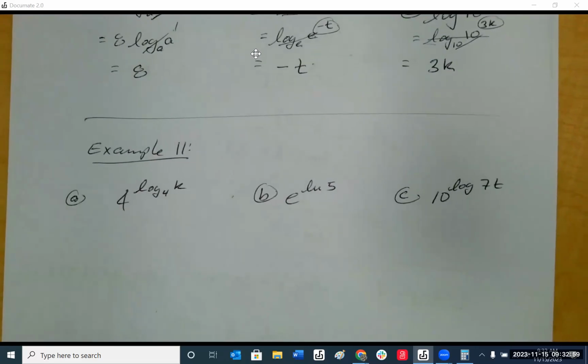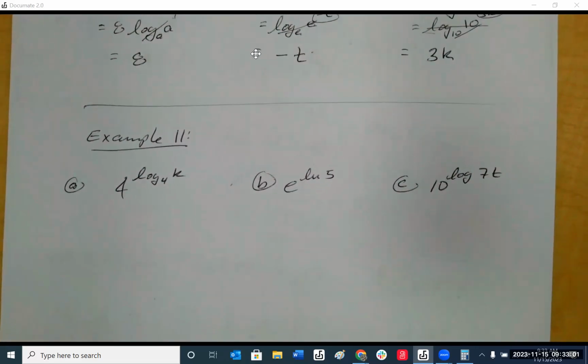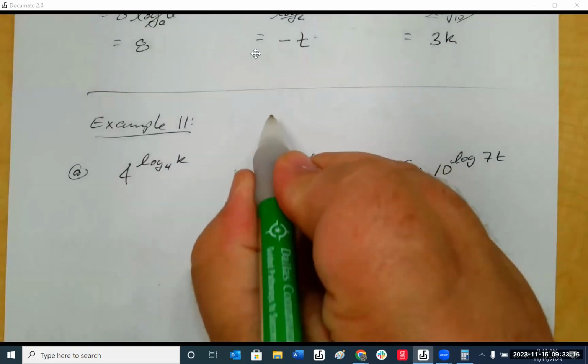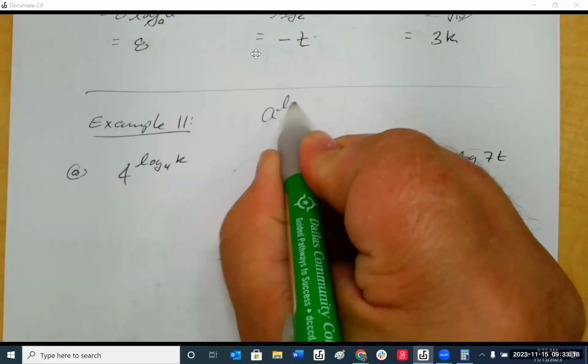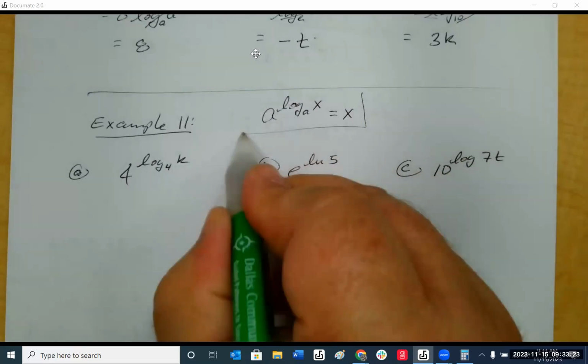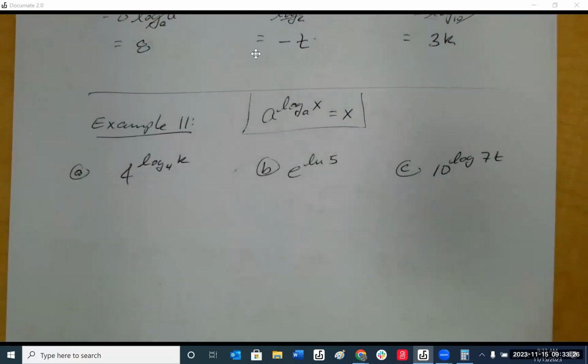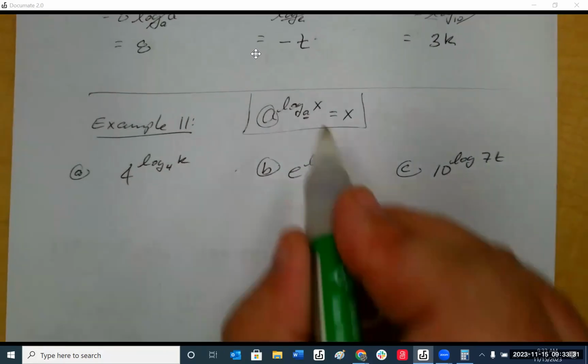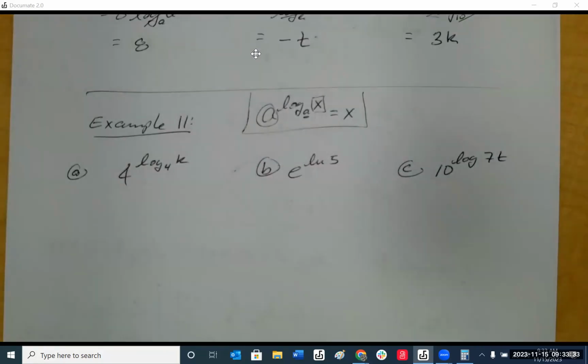And these are the last three. The rule we had here was this. If the base and the base are the same, it's just what the operation is.